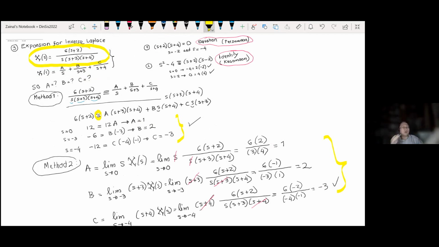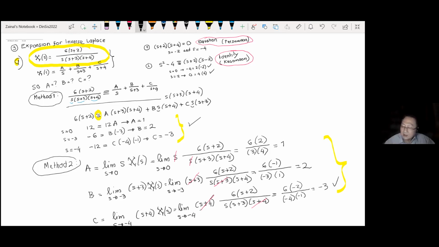You have to expand so that the term is available in the Laplace table. Any question? Okay, this one is the method. This one is still expansion. This one is A.